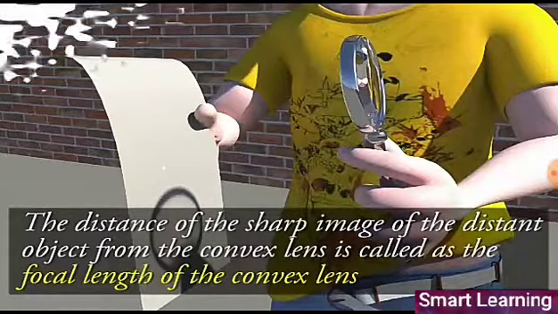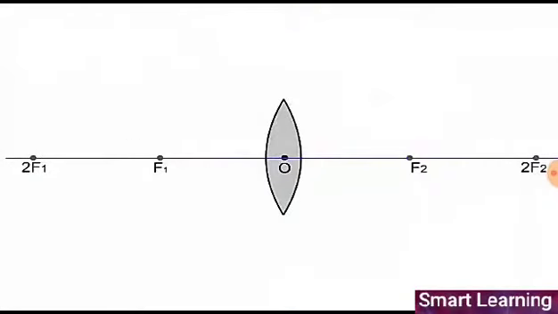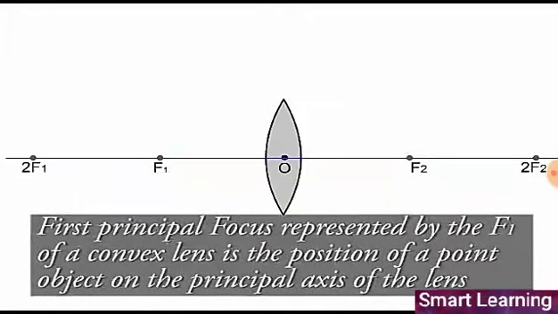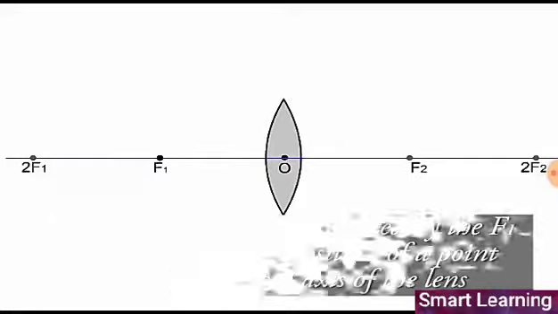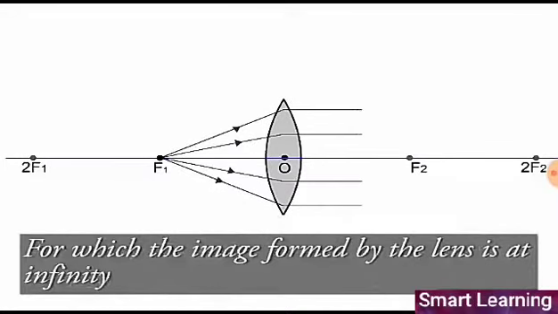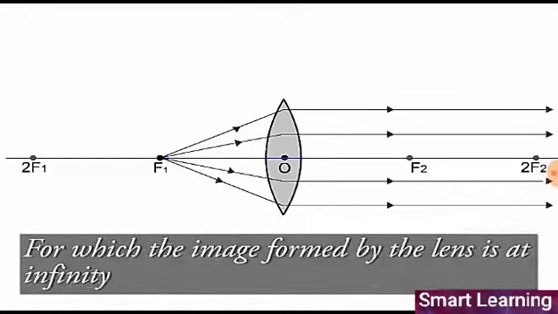A convex lens has two surfaces and hence it has two principal foci or two focal points. First principal focus, represented by f1, of a convex lens is the position of a point object on the principal axis of the lens, for which the image formed by the lens is at infinity.